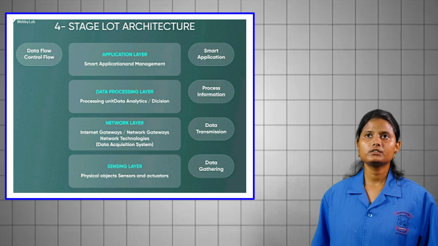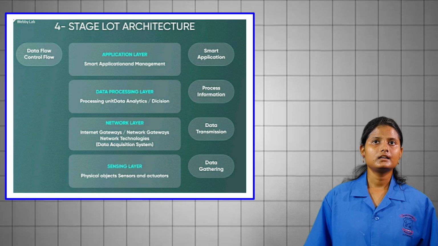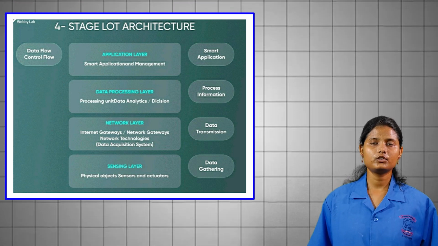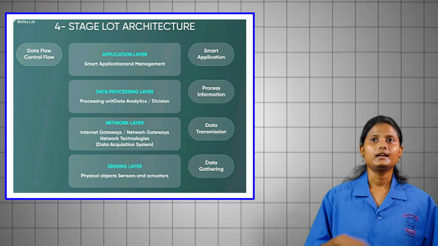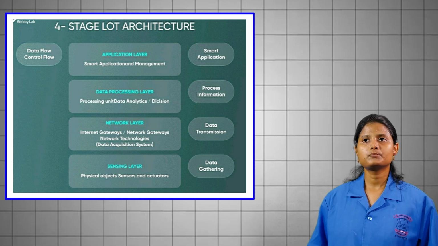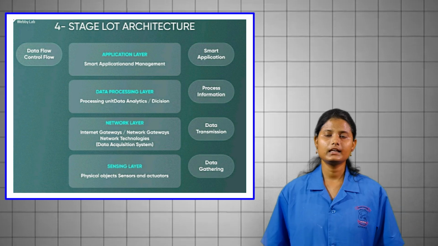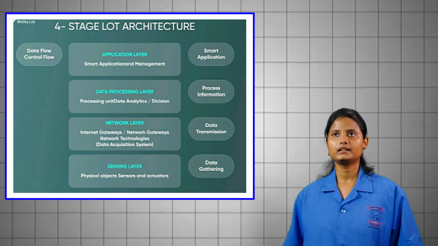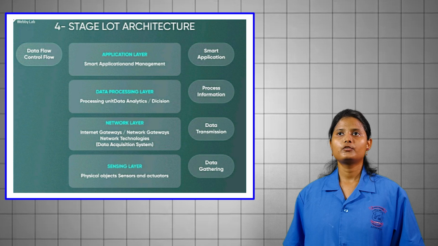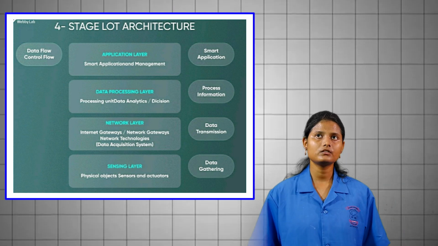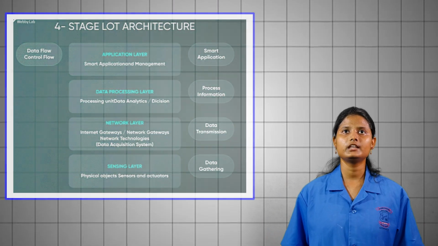Application layer supports smart applications, and data processing layer supports processing information. Network layer supports data transmission, and sensing layer supports data gathering. These all work as the architecture of the 4 stages of IoT.